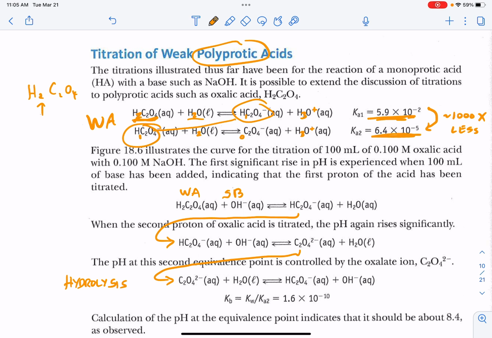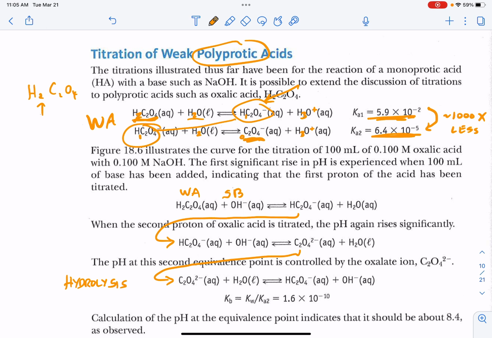So that is 1,000 times less likely to happen. So when you put oxalic acid into water, you're going to get some of these, the bioxalate anion. You will have practically none or very few of these because it is much less likely.